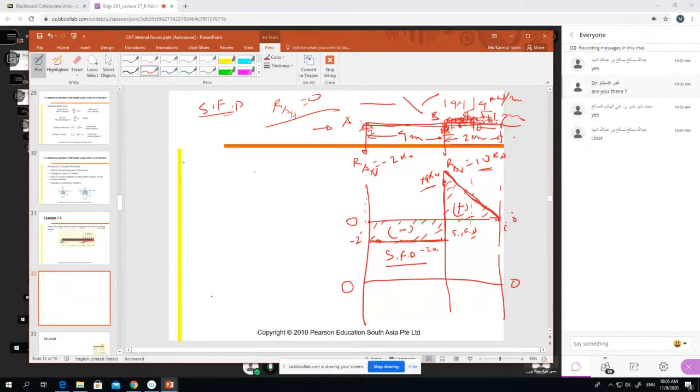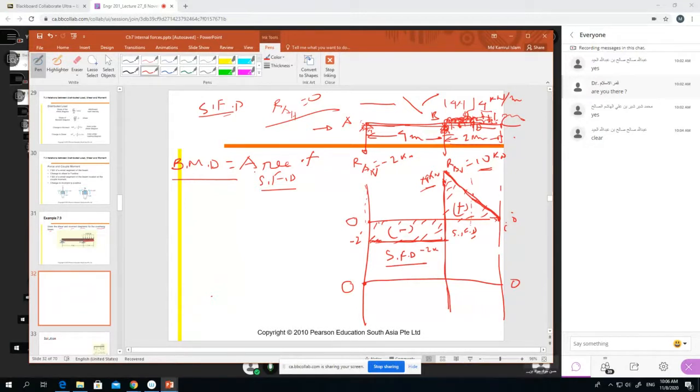Like I told you before, the bending moment diagram is equal to just the area of the shear force diagram. I told you before. Now here, at point A, the bending moment is 0. Now we go to point B. So where will we draw the bending moment diagram?